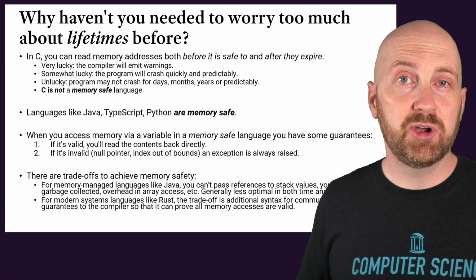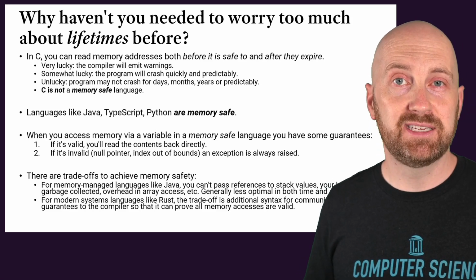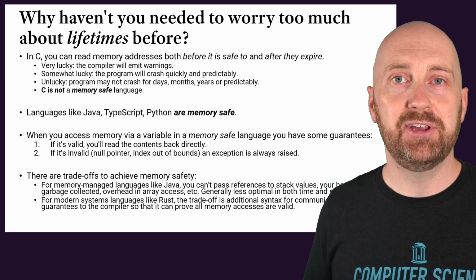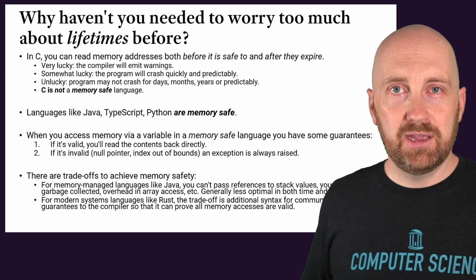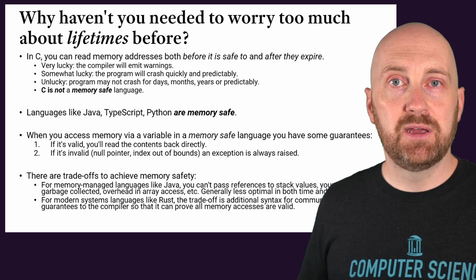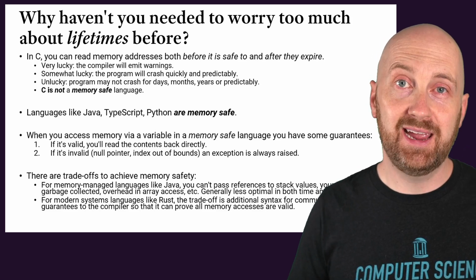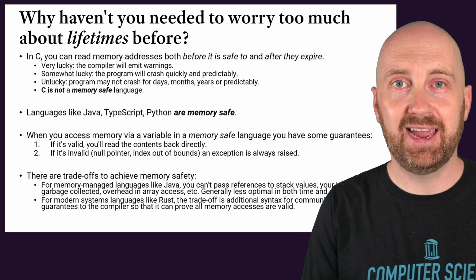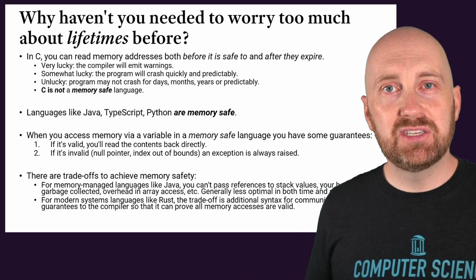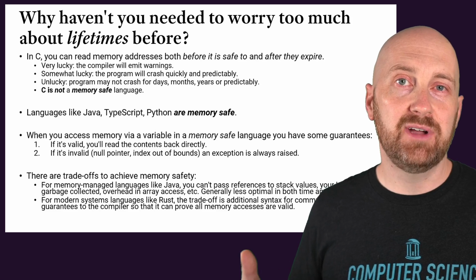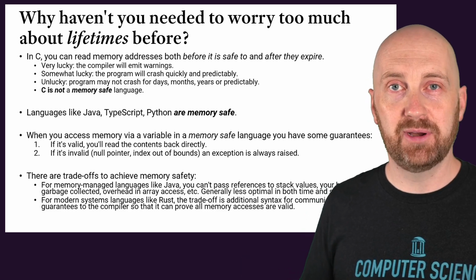For modern systems programming languages, and Rust is a leading contender here, the way that Rust achieves memory safety while also being a systems level language that gives you direct access to memory is it requires additional annotations and syntax in the programming language.